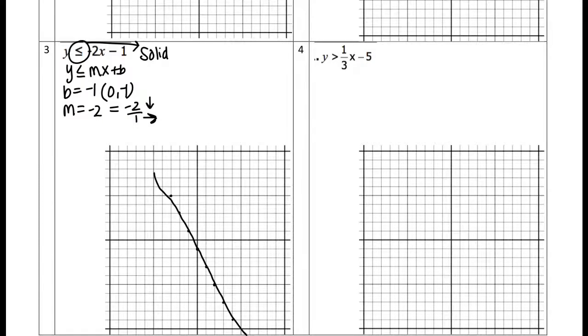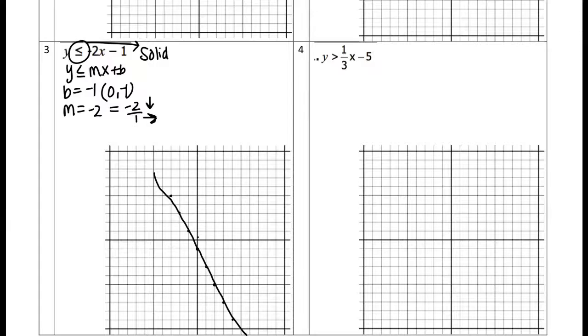And then I'm not done because I need to shade the side of the line where the points are that make the inequality true. In order to do this, I check a point. So again, we can check any point we want. Just to make this simple, I'm going to go ahead and check the easiest point right here, which is (0, 0).